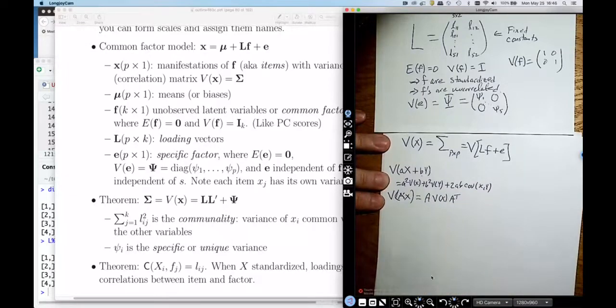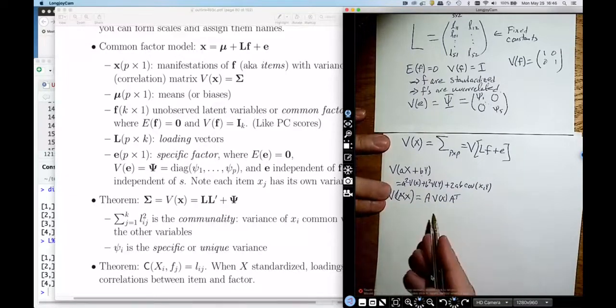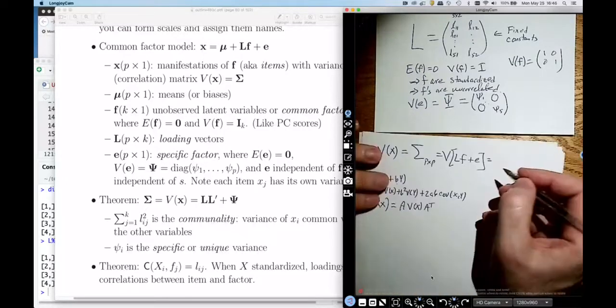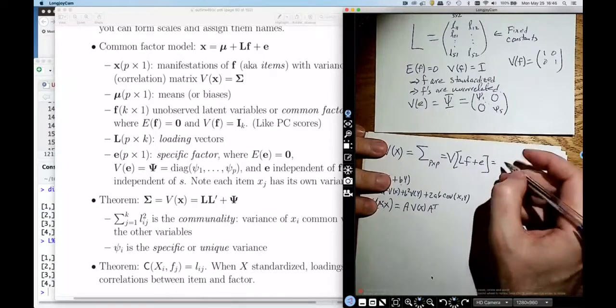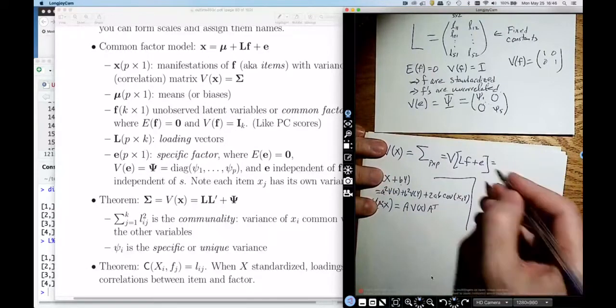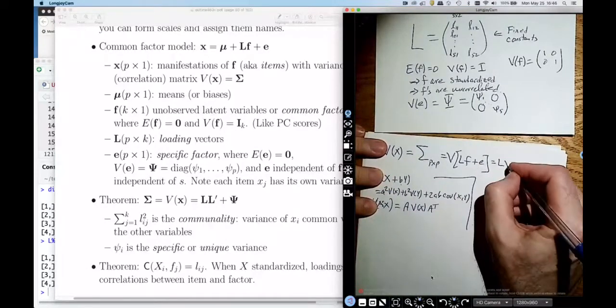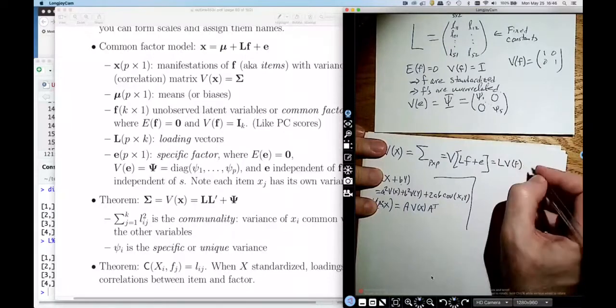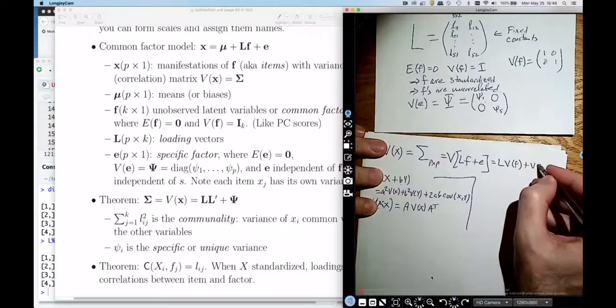So that's the equivalent version of just part of this formula. Anyway, that's a lot of talking to get to this. So this is going to be L times the variance of F plus the variance of E.